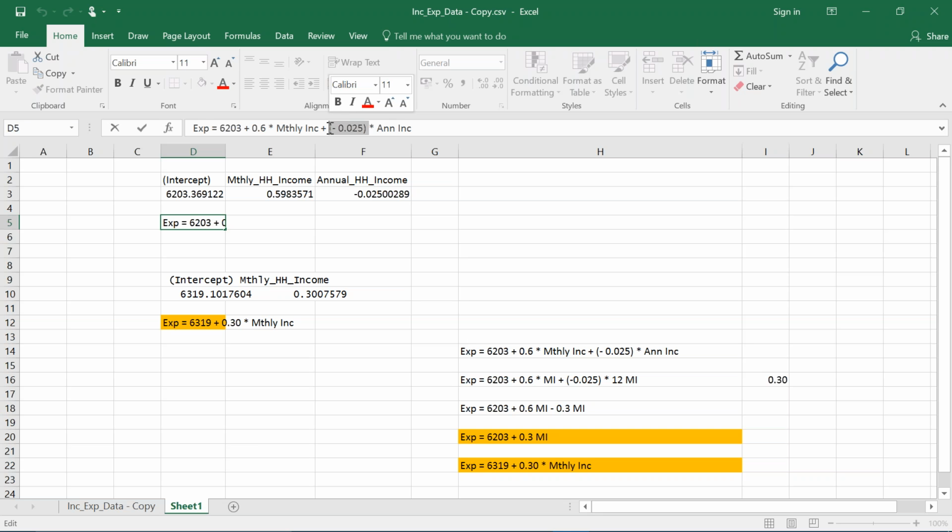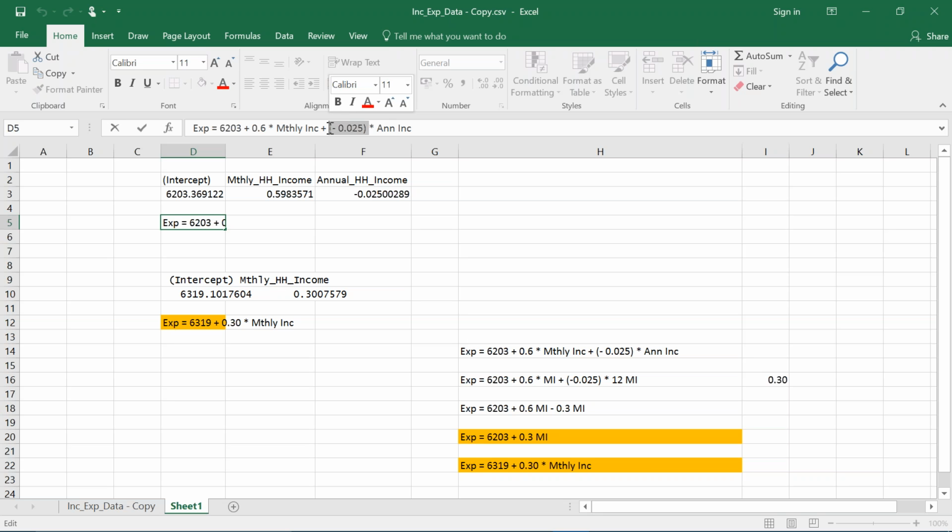And it is quite possible the instability may not be remaining to this level. If I do a small change in data, it may so happen monthly income may become negative beta and annual income may become positive beta. That's the problem.